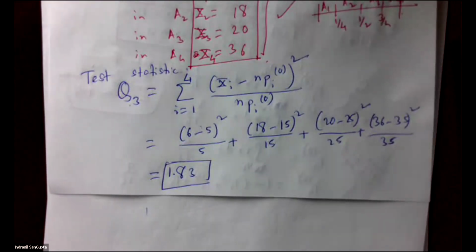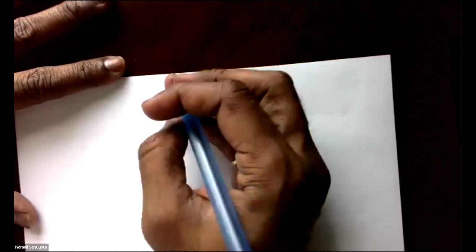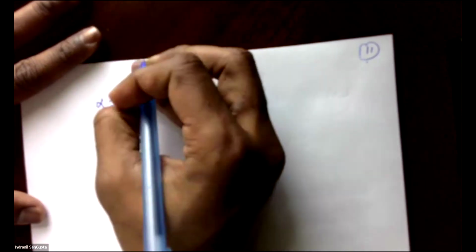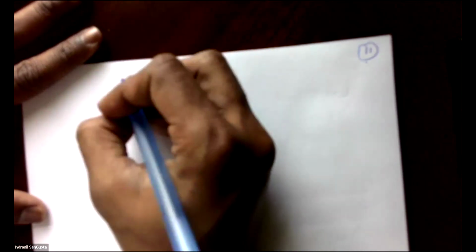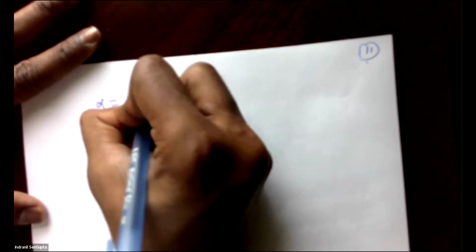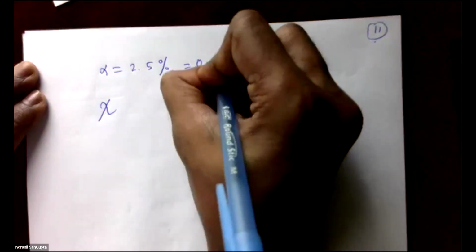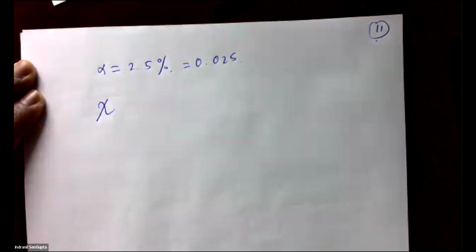Suppose we are trying to test the hypothesis. Let us consider the alpha level to be, say, 2.5%. So this is basically 0.025, right?